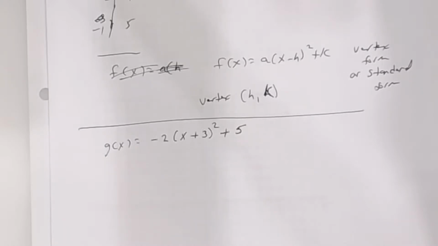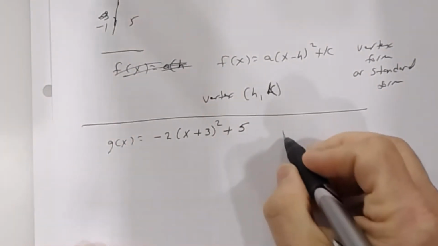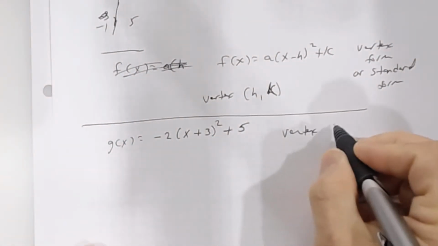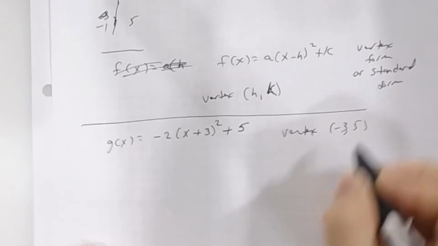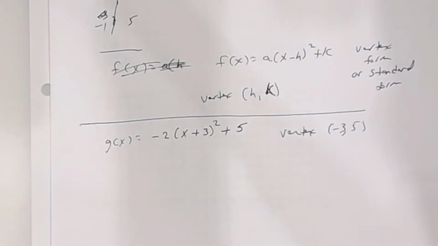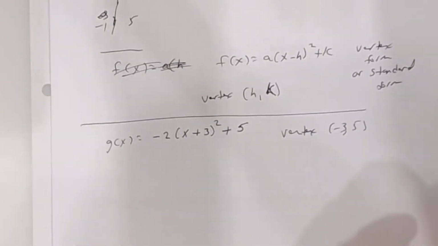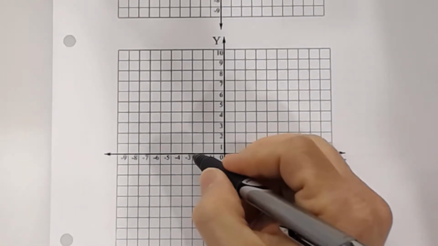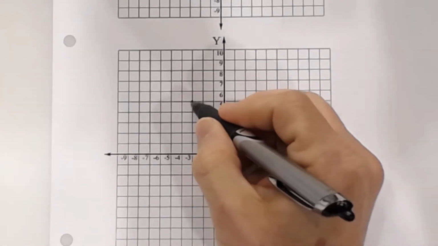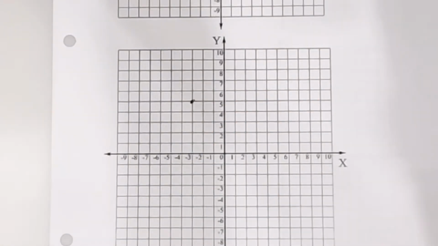We're actually going to graph this, but now I know what the vertex is. Negative 3, 5. Right away, I can plot the point negative 3, 5, which is in the second quadrant right here. That's my vertex.